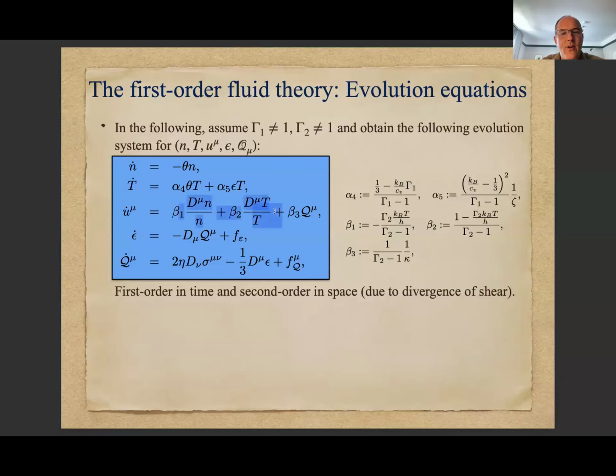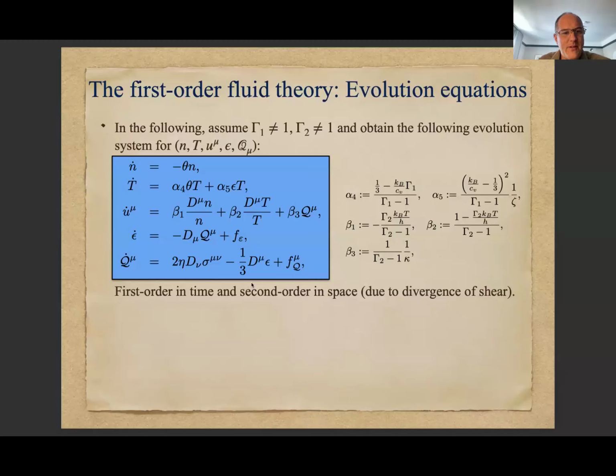And here you have three coefficients, beta 1, beta 2, and beta 3, which depend on gamma 2. And then from the balance law, you get these two equations, which are taken as evolution equations for the off-equilibrium contribution of the energy density, and the heat flow.